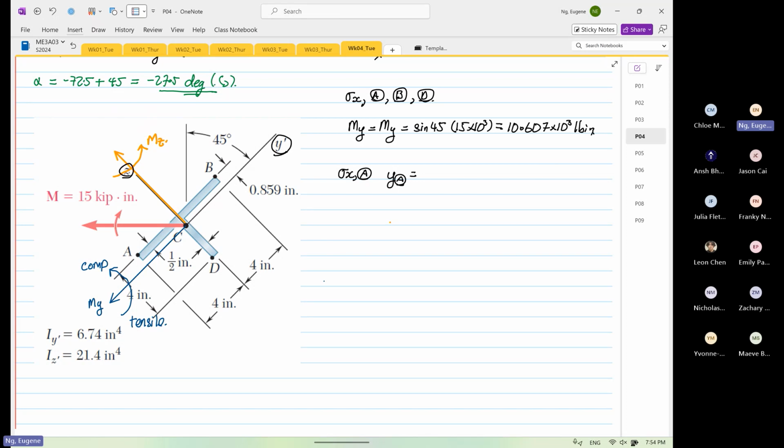This is the Z orientation. So Y itself is 4 inches, right? And then Z at point A, right? So the Z direction is 0.859 inches, okay?